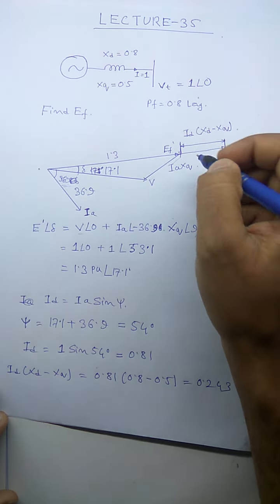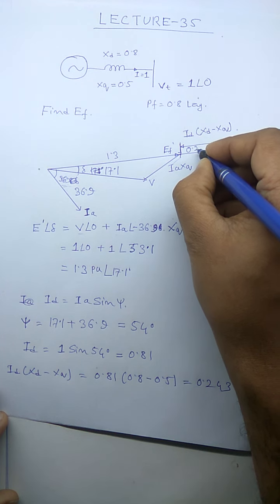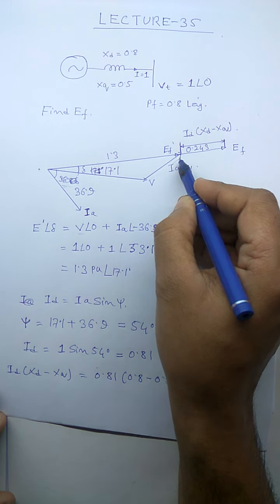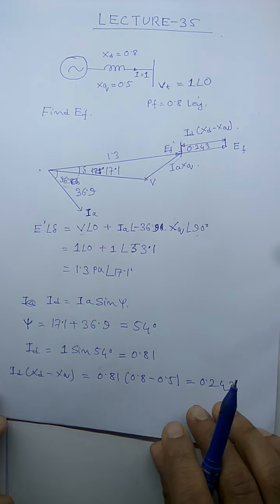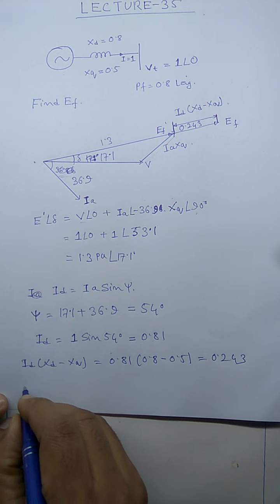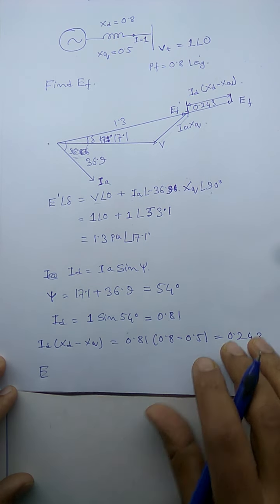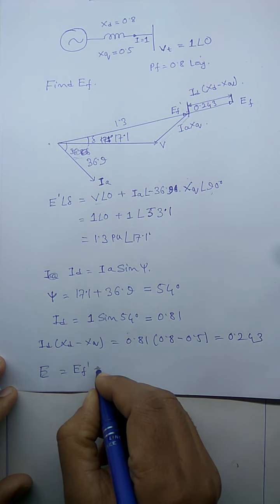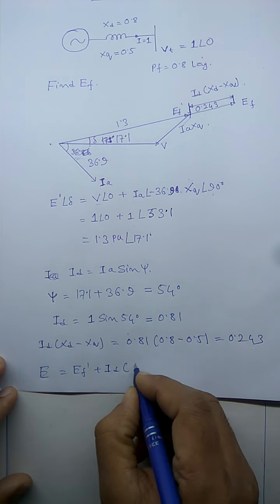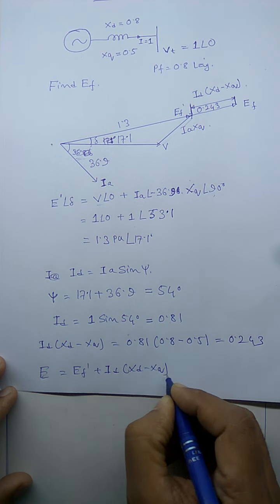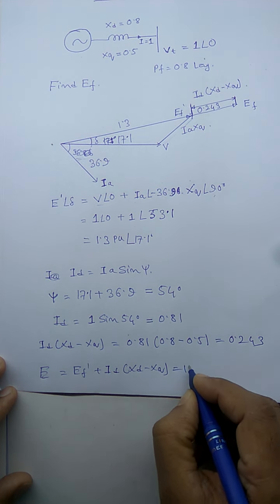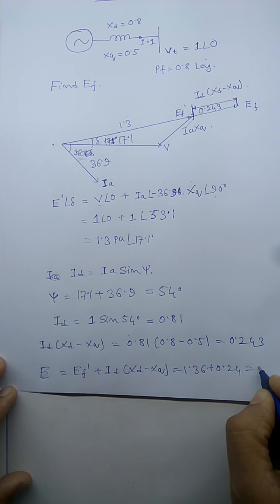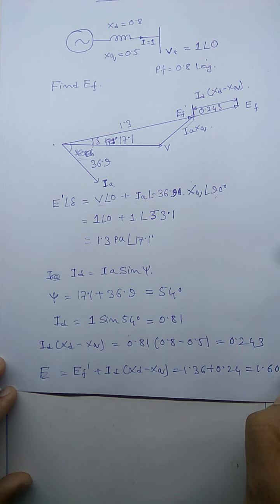So this length from here to here is 0.243. From here to here it is 1.3, and from here to here it is 0.243. So EF is equal to EF dash plus ID into XD minus XQ, that is equal to 1.36 plus 0.24, that is equal to 1.60 per unit.